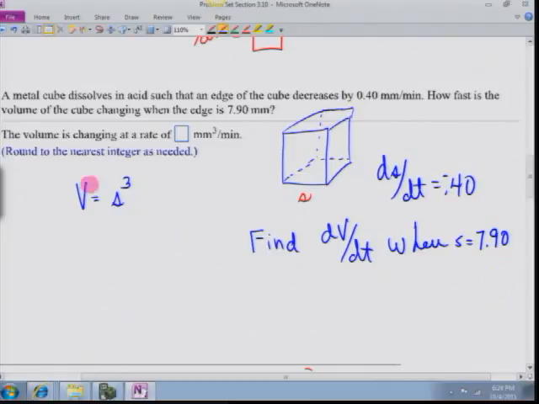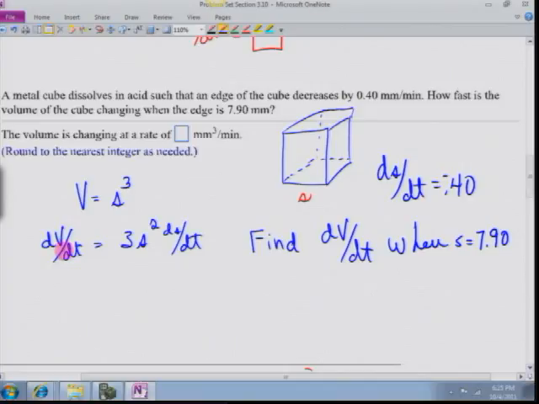All right. So here's our equation that we wrote that relates all these things. We have a volume, we have a side. Let's take the derivative of this equation. We have dV/dt equals what? 3s squared ds/dt. Okay?